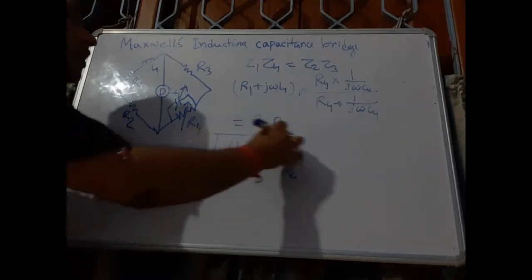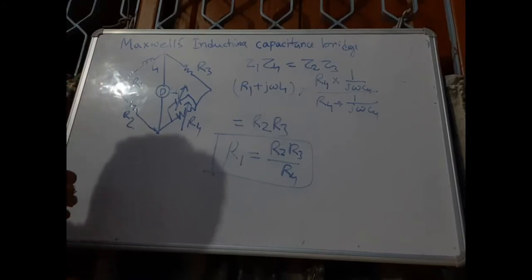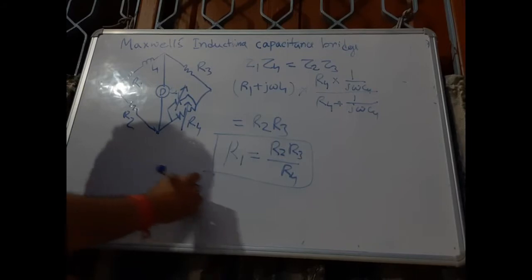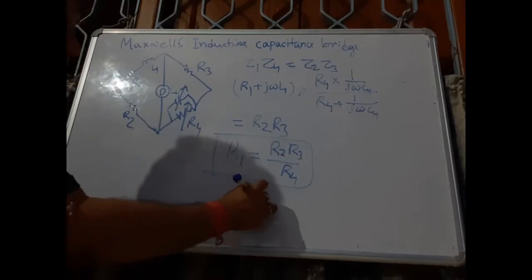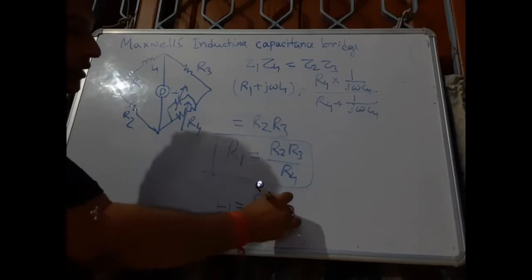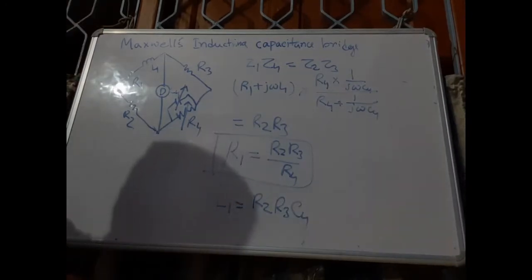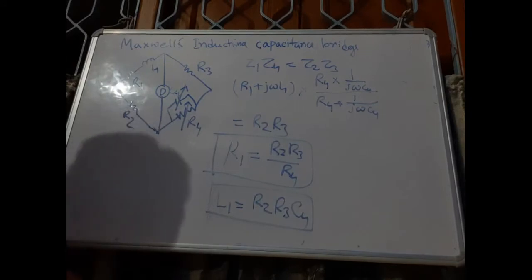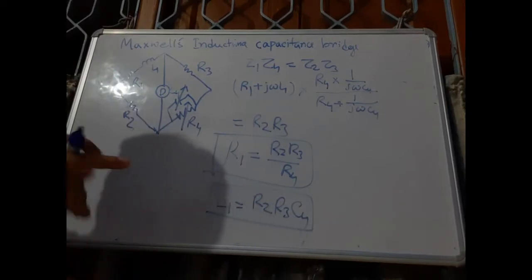This is one equation for the unknown resistor R1, and for the unknown inductor we have L1 equals R2 R3 into C4. This is equation number 2.